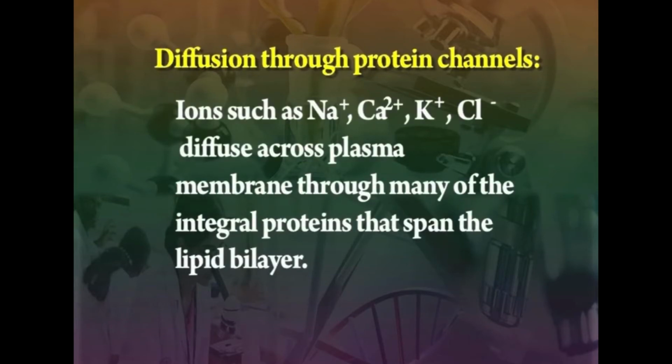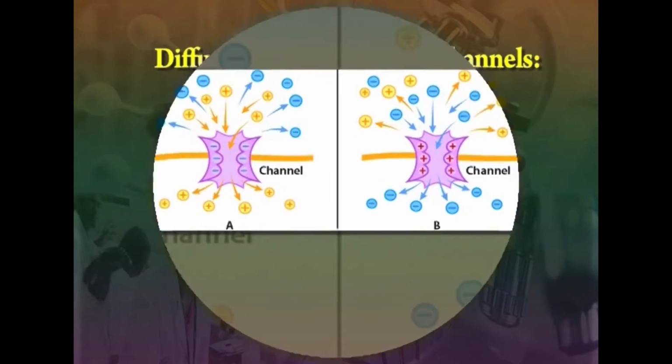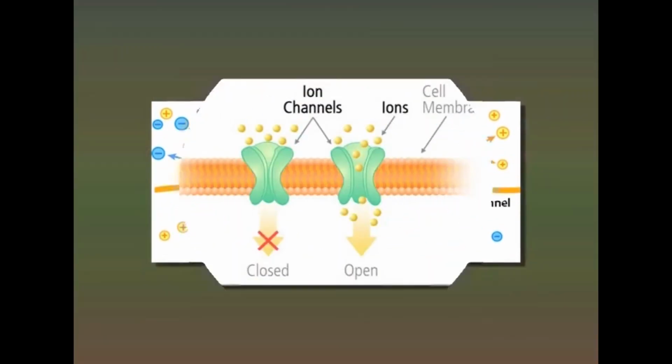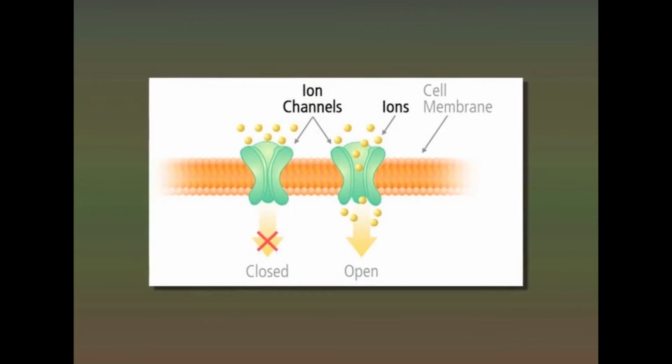Ions such as sodium, potassium, and chloride diffuse across plasma membranes through many of the integral proteins that span the lipid bilayer. Such proteins can form channels through which ions can diffuse across the membrane.